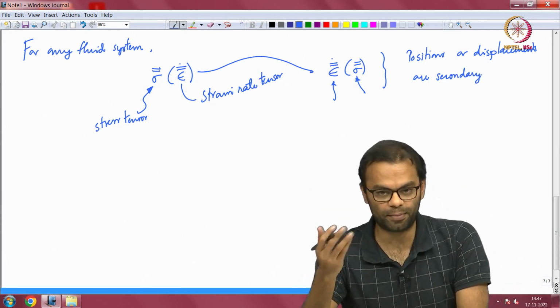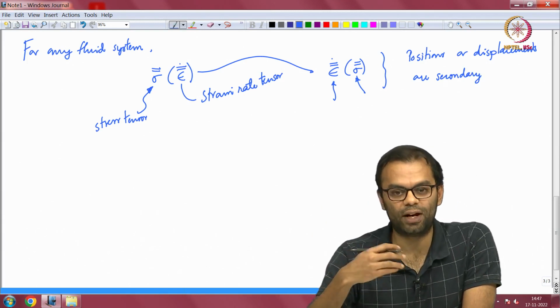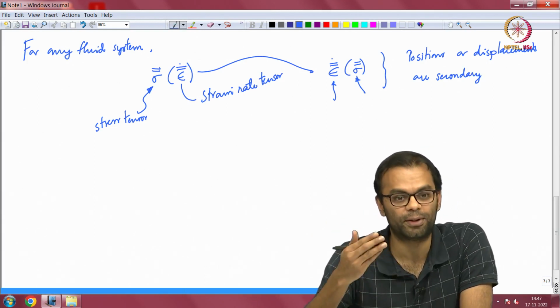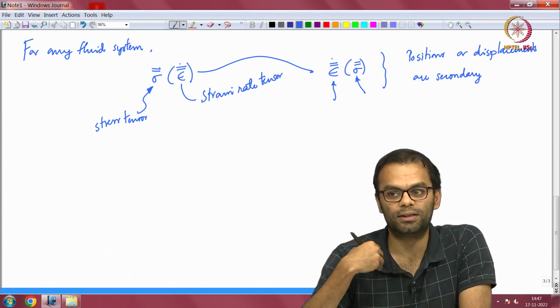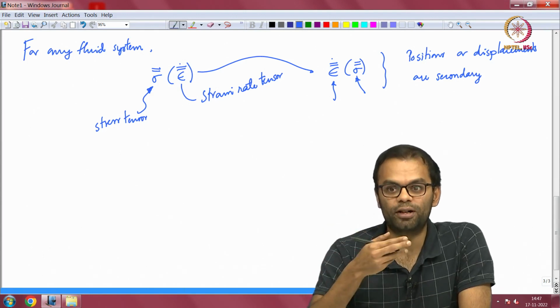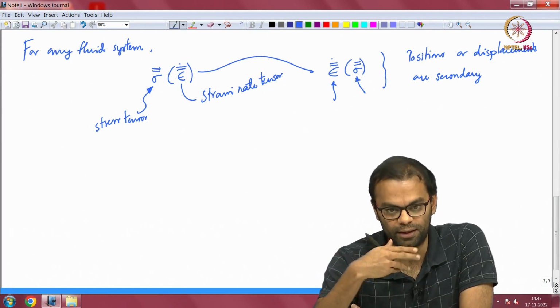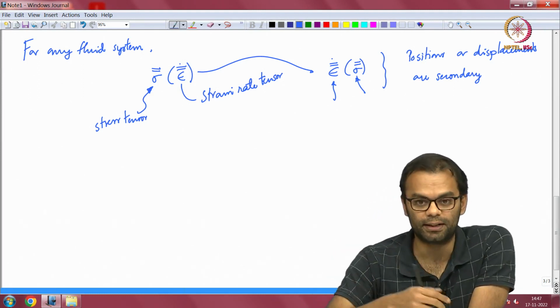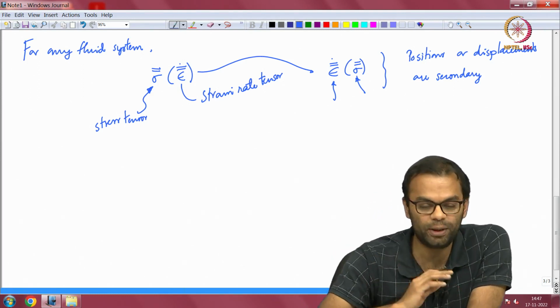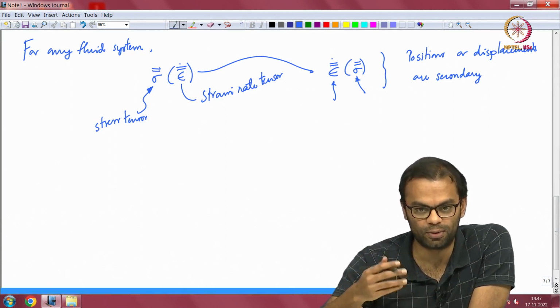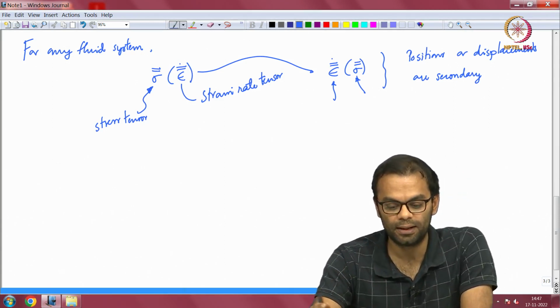So, the velocities are primary. You never talk about a fluid having a particular strain, right, because the strain does not contribute to any energy change in the fluid, because if you apply a stress you do not get a strain, you get flow, right. So, you get dissipation directly, there is no stored energy, again assuming these are all Newtonian fluids, they are not viscoelastic and cannot store energy and so on.